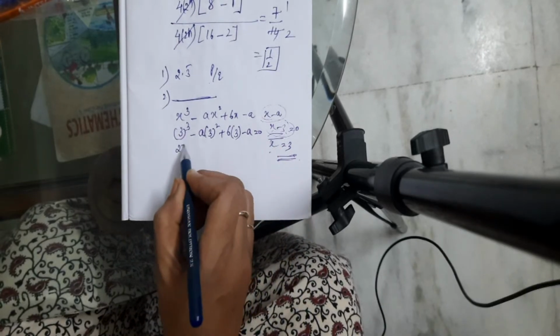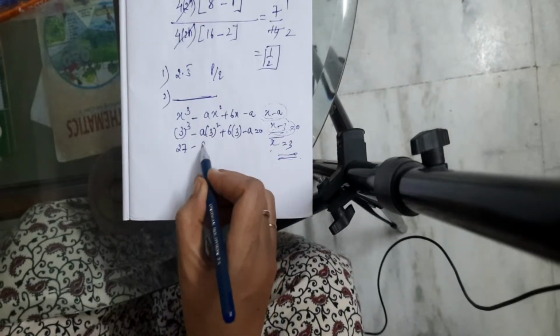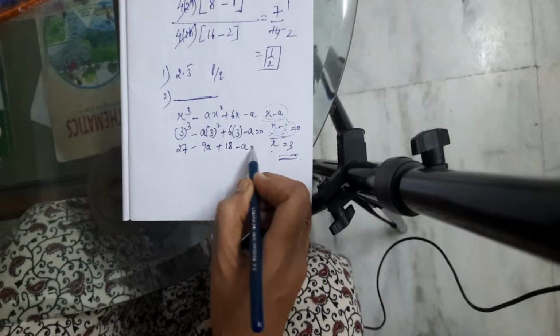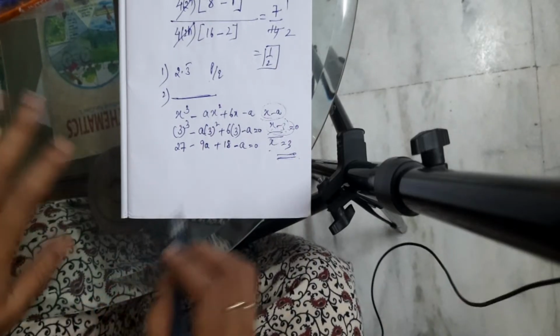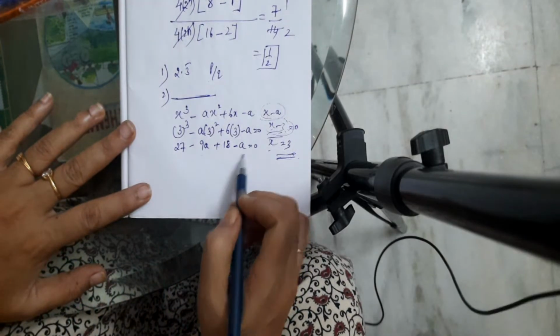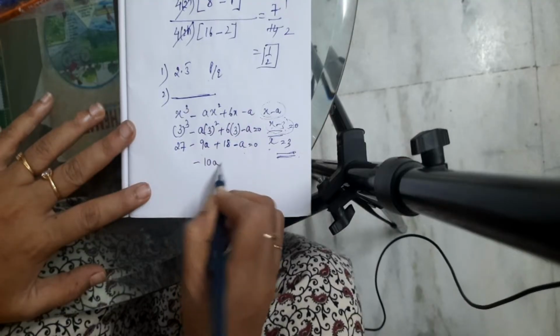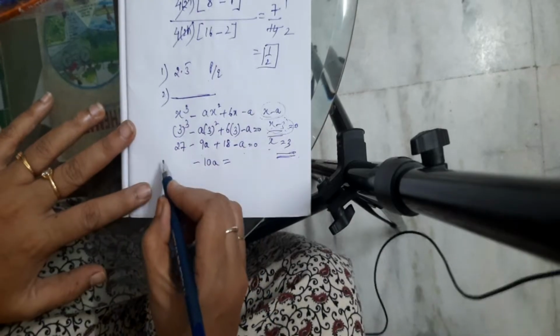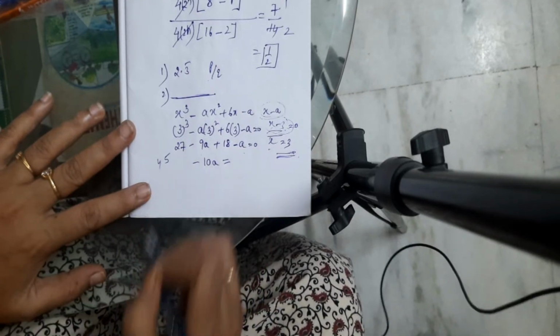So 3 cube is 27 minus 9a plus 18 minus a is equal to 0. Now minus 9a minus a is minus 10a, is equal to adding these two numbers, so it's 45.